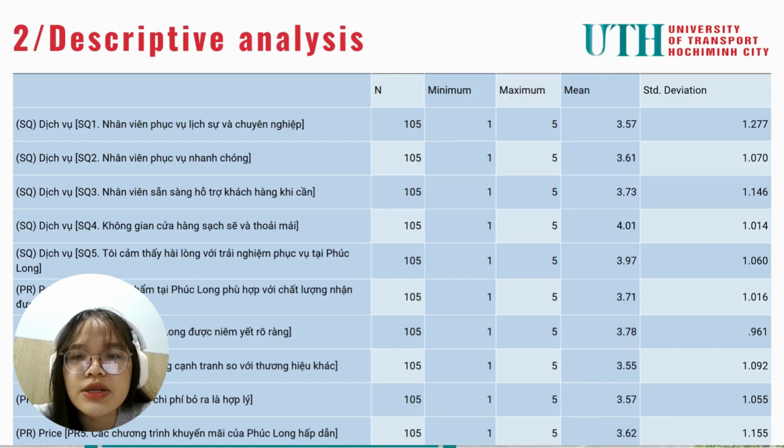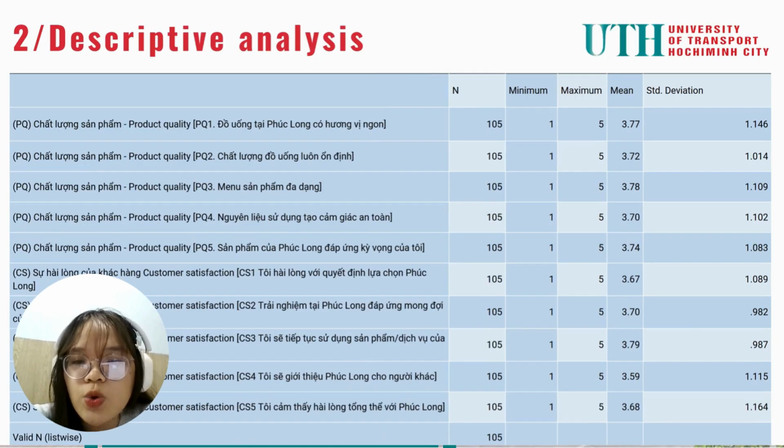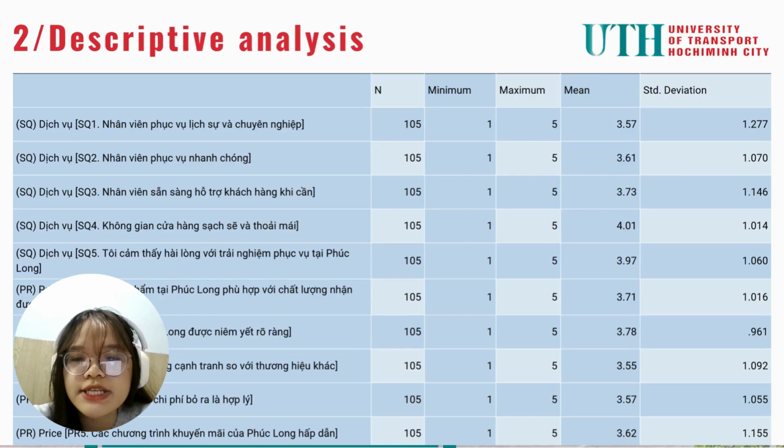Coming to the descriptive analysis. These two slides are the two parts of the same descriptive analysis table. Each item has 105 valid responses, and the responses range from 1 to 5. First, SQ4, which measures the cleanliness and comfort of the store environment, received the highest mean of 4.01.